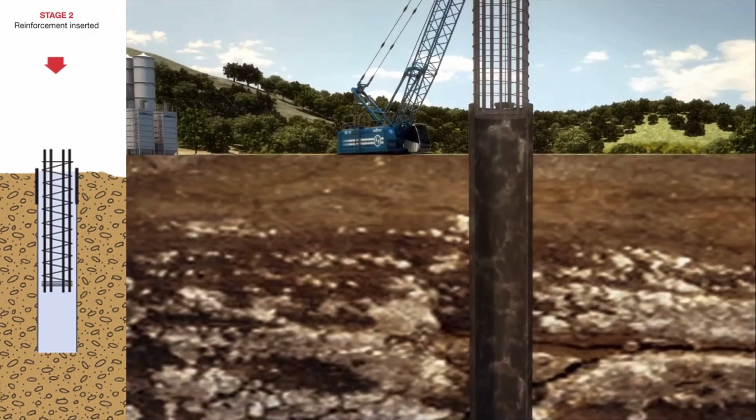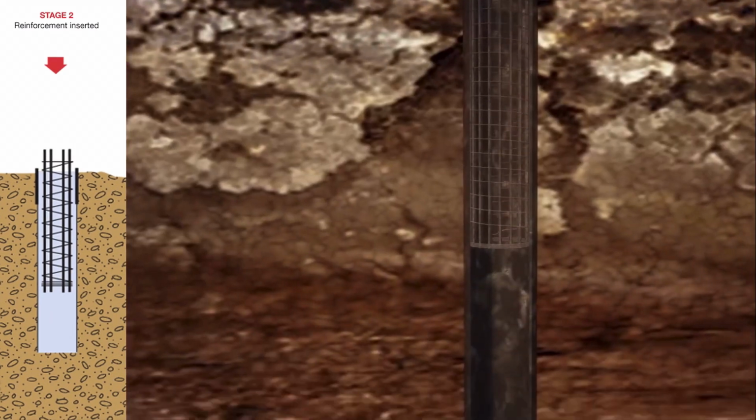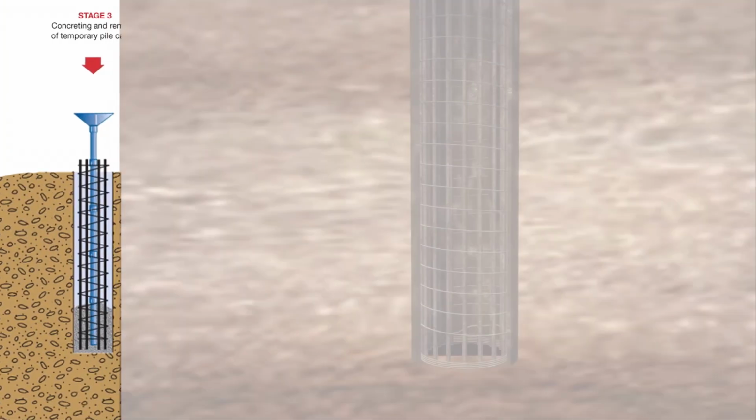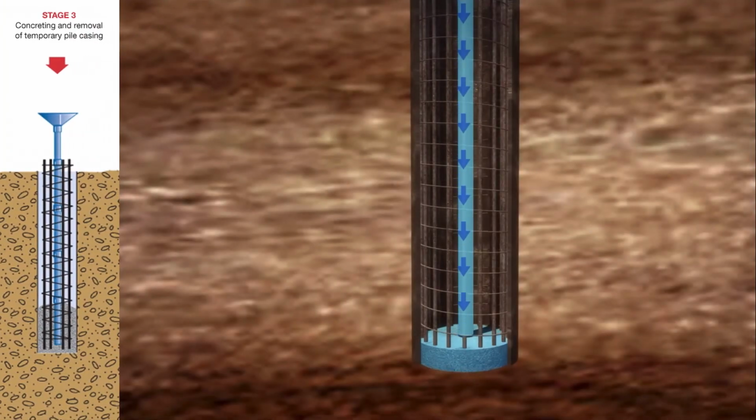Second, insert the steel cage. Lastly, pour concrete to make piles.